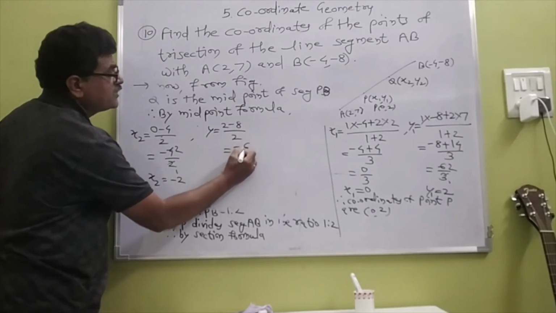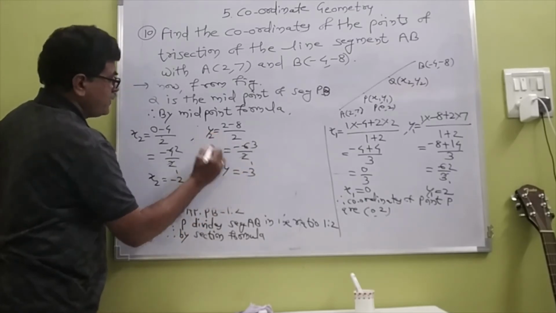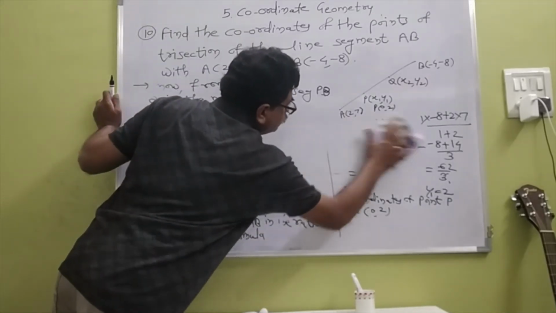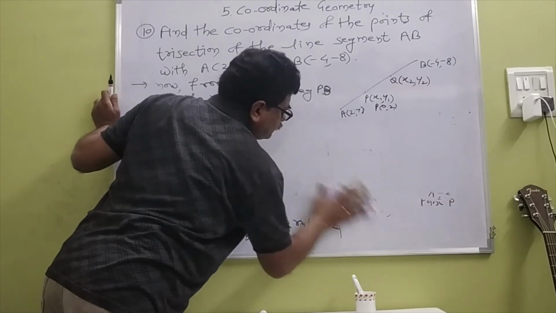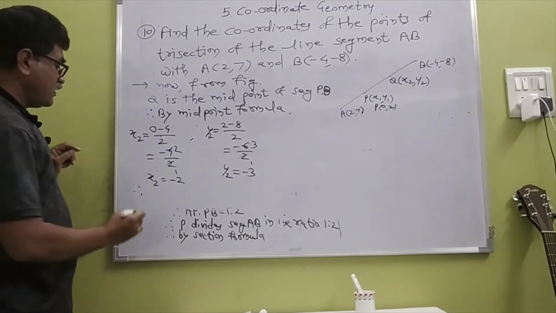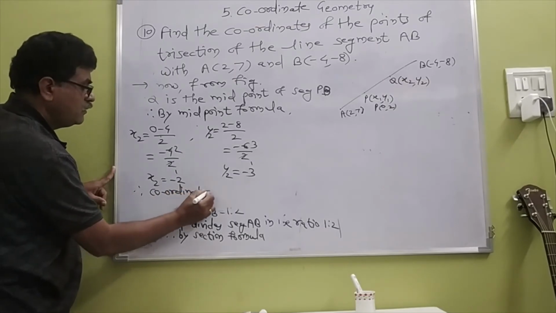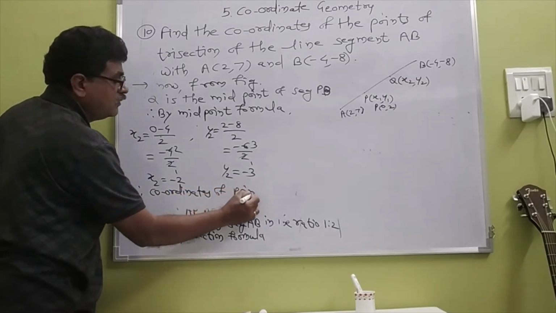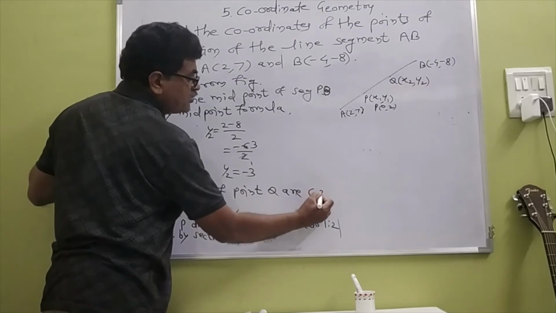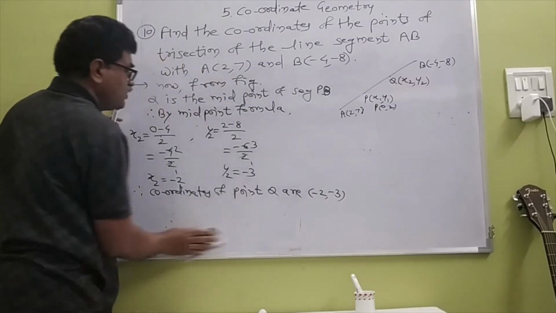Here minus 6 upon 2, dividing by 2, minus 3. This is y2. Therefore, the coordinates of point Q are minus 2, minus 3.